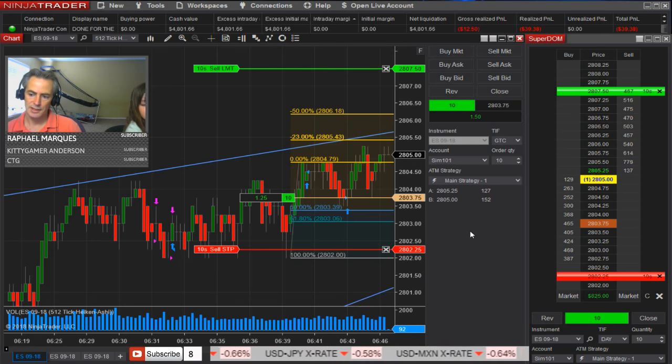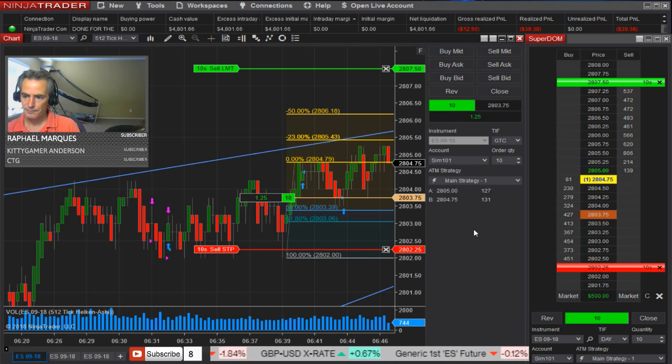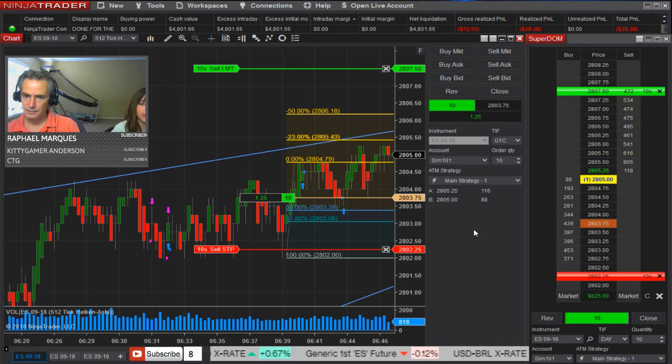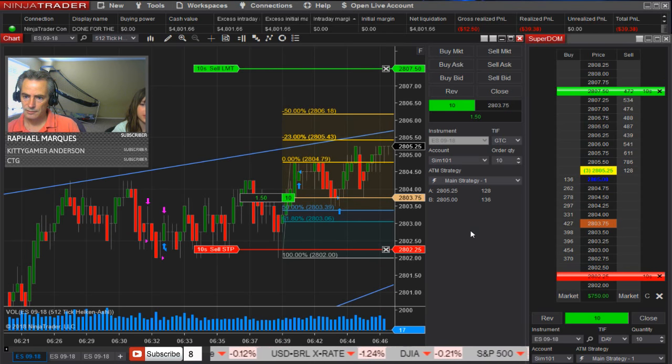So since you're in 10 contracts, each tick is worth 125. It's basically one contract of 1250 times 10. Which is 1,250 times 10, 1,150.